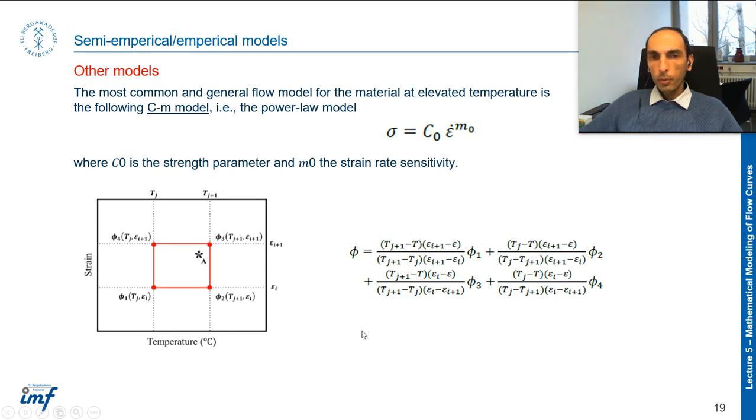Of course, you can calibrate your model with a few given temperatures, but for the temperatures in between and for the strain rates between the sample points you have from the experiment, the software automatically calculates the values for M0 and C0 using bilinear interpolation and this formulation.